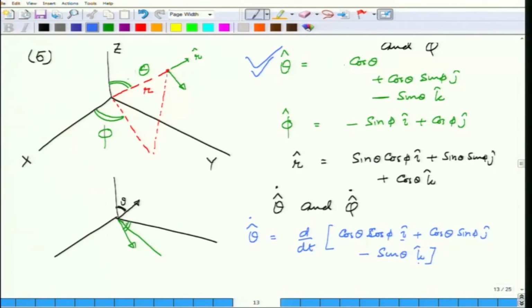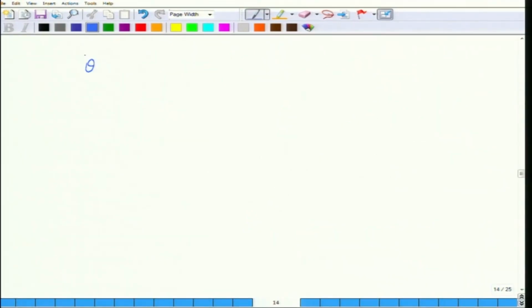And let me differentiate them. When I do that, I get theta unit vector dot is equal to, let me write this again, d by dt of cosine of theta cosine of phi i plus cosine of theta sine of phi j minus sine of theta k.